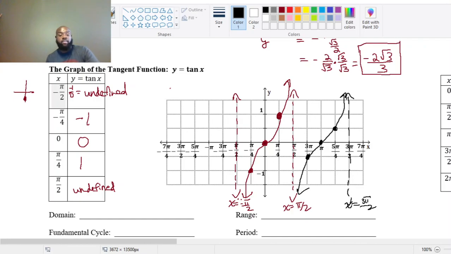I messed up there because I didn't go through x equals 1. I went through x equals negative 1. That's why it probably looked better, because I'm counting by a half there. And so I need to go here. So that's x equals 3 pi over 2.